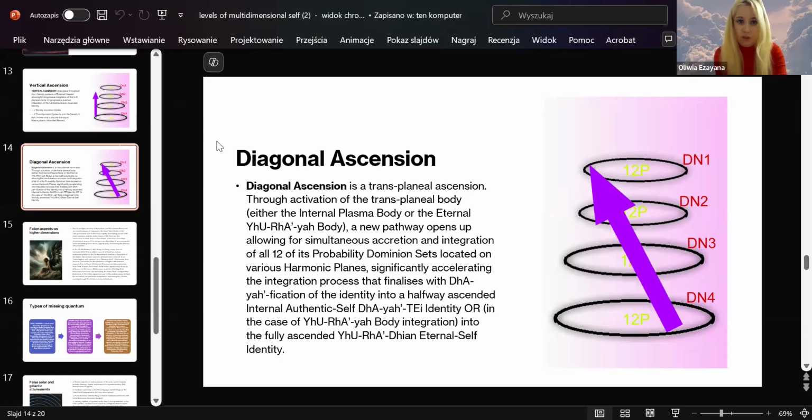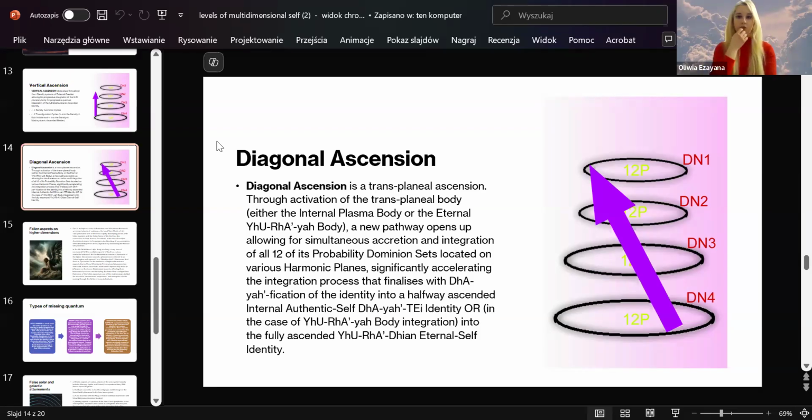Through activation of the transplanial body, either the internal plasma body or the eternal urea body, a new pathway opens up, allowing for simultaneous accretion and integration of all 12 of its probability dominion sets located on various harmonic planes, significantly accelerating the integration process that finalizes with deification of the identity into a halfway ascended internal authentic deity identity, or into the fully ascended Euradian eternal self identity, depending whether you're aligning with the internal or the eternal host.